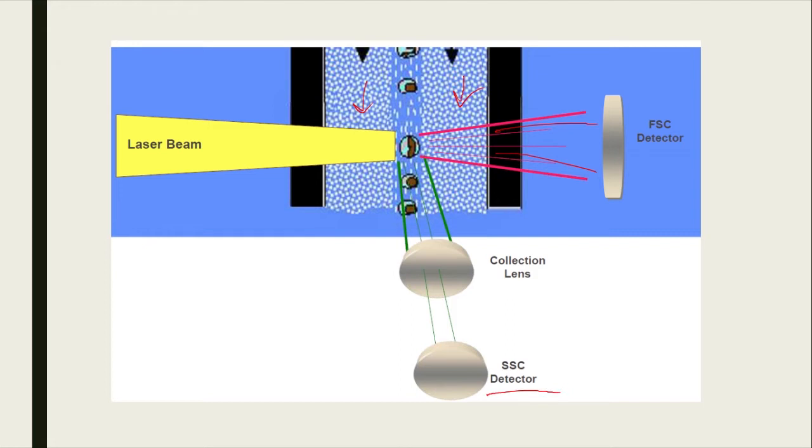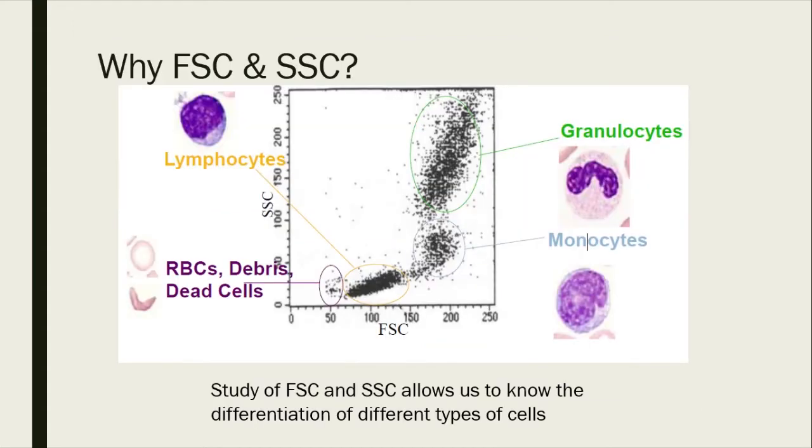Usually, because the light goes off in all different 90-degree directions, there is a collection lens to collect that light back together, so that we don't need tons of detectors surrounding the cell. Only one side scattering detector will be enough because the light is concentrated back.